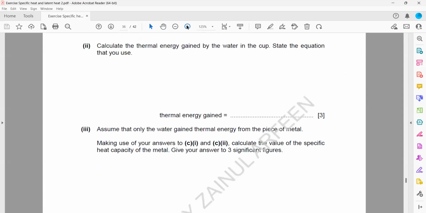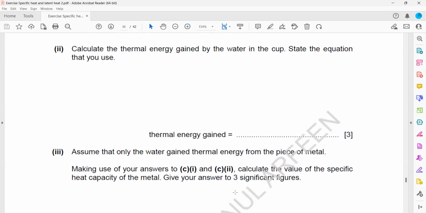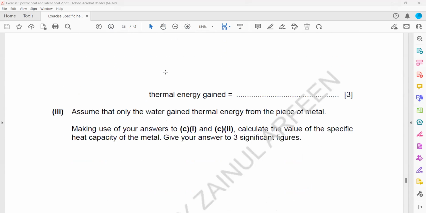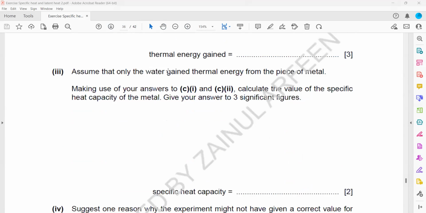So, thermal energy gained by the water in the cup. Thermal energy gained is equal to c m delta T. c is the specific heat for water, m is the mass and delta T is the change in temperature. We just multiply, we get the energy.